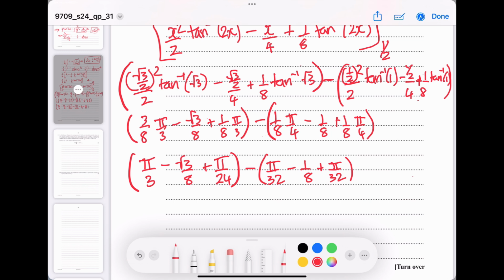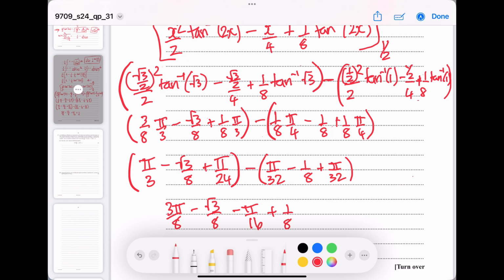So, pi over 3 plus pi over 24 is 3 pi over 8 minus root 3 over 8. So pi over 32 plus pi over 32 is pi over 16. So it's minus pi over 16 plus 1/8.